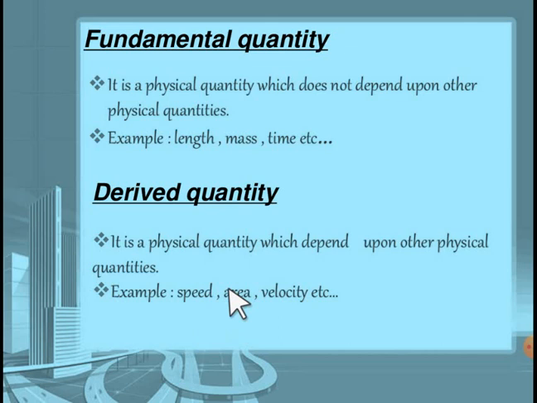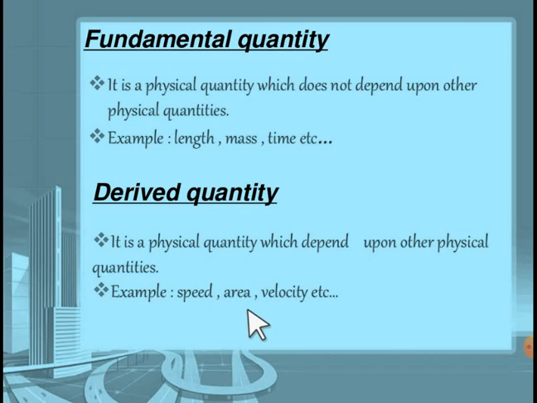Area is equal to what? The formula may be length into length, or length into breadth. While we try to find length into breadth, for example in the case of a rectangle, we require length two times to measure the length as well as the breadth.